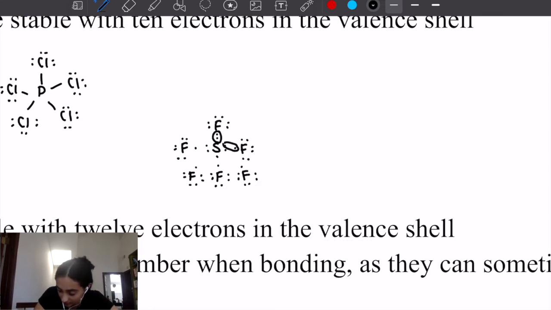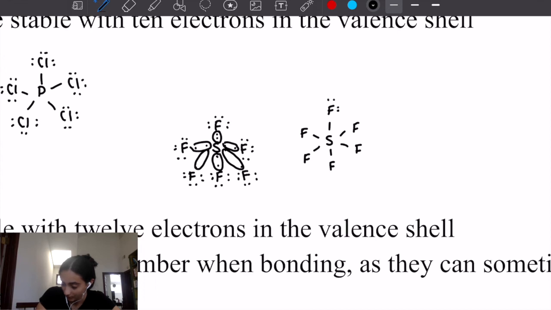So I'm going to bond the electrons together. And I got a little squished, but you can see sulfur bonded a total of 6 times. That does not mean it has a bond order of 6, but there are 6 bonds. And each fluorine has 3 lone pairs.